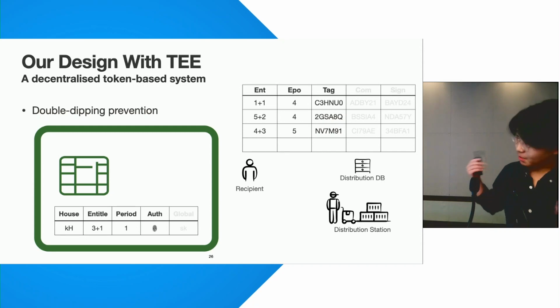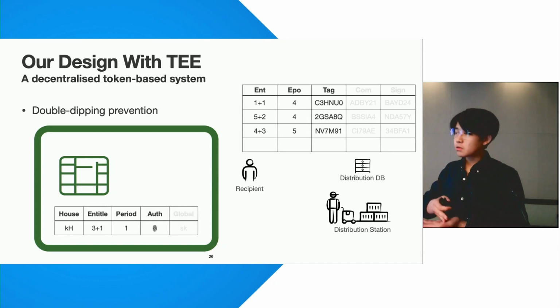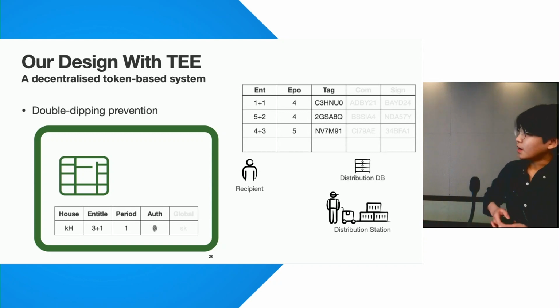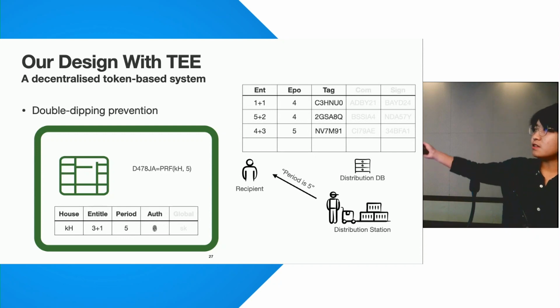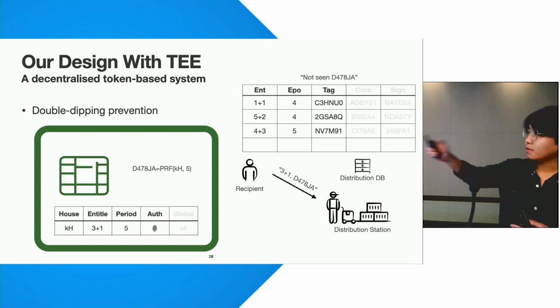To prevent double dipping, we let the card compute a tag that is unique per household per period. And to do so, the station will first send the number of the period, and then the card will run a pseudo-random function using the household key and this period number.